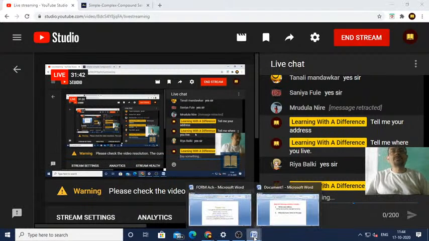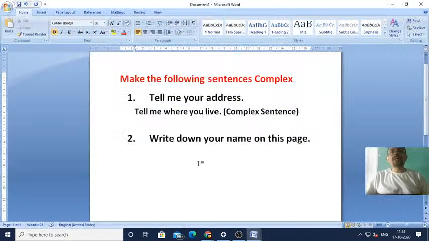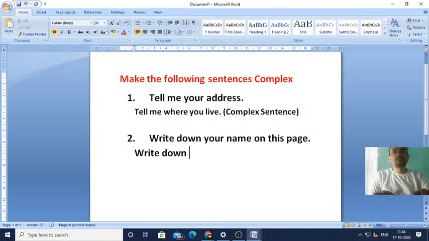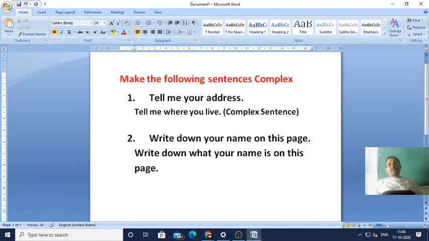Okay, so let me explain. Write down your name on this page. How can you expand this into a complex sentence? See, write down what your name is.